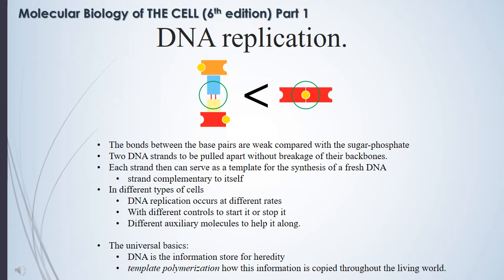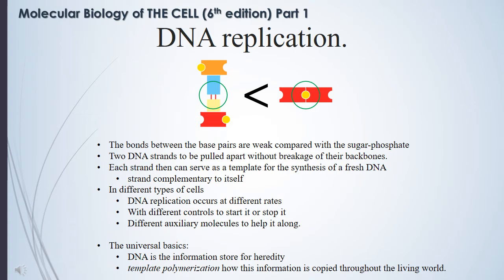Now, depending on the cell, depending on a signal for replication, the DNA replication occurs at different rates, and is controlled with different proteins, different transcription factors. Basically, these are collections of proteins that initiate DNA replication.